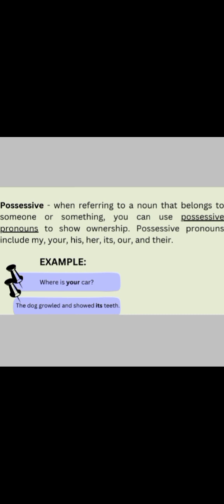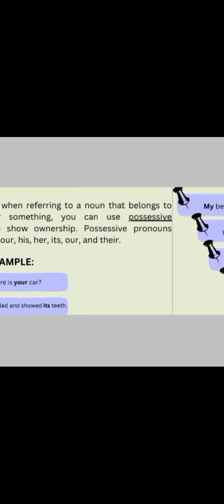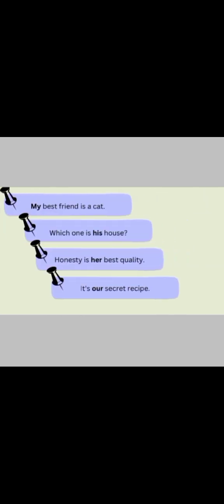The next is: the dog growled and showed its teeth. Next is: my best friend is a cat. Which one is his house? The next is: honesty is her best quality. And the last is: it's our secret recipe.